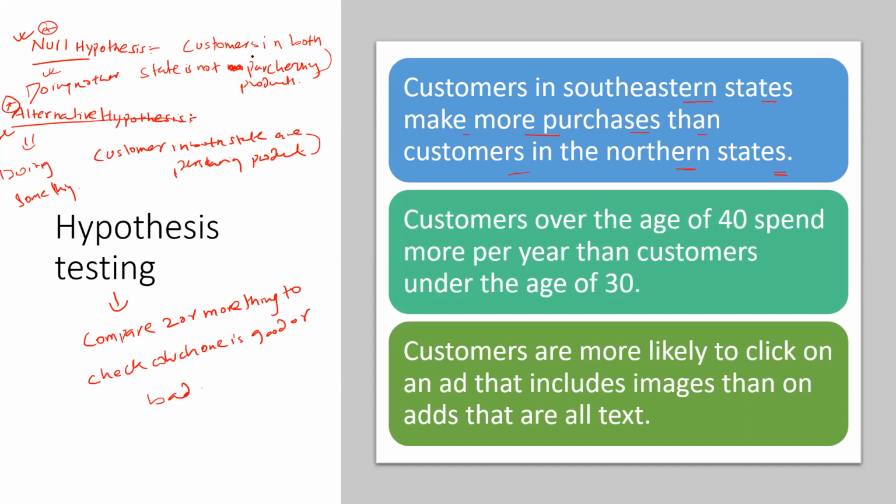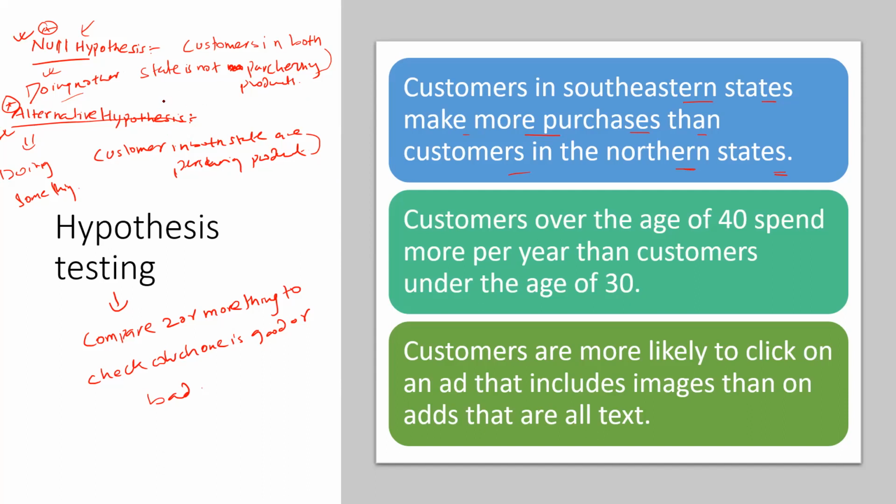So this is my assumption. The null hypothesis means they are doing nothing; both states are not making any profit. The alternative hypothesis means both states are making profit. So these are my two assumptions. One is not making, one is making.